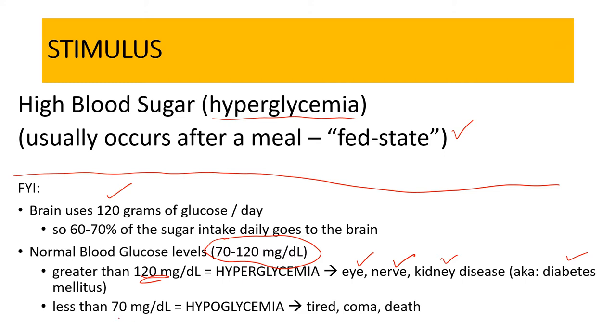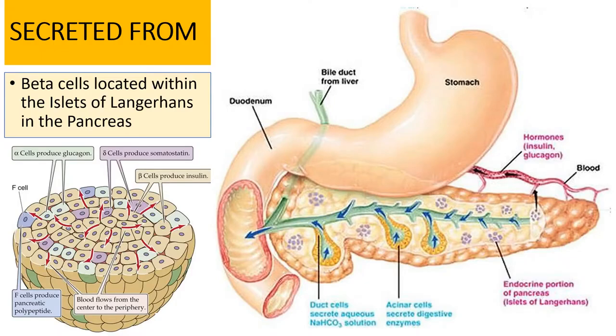Now, anything less than 70 is referred to as hypoglycemia, and things that would occur would be tiredness, coma, death. So not good when the sugar levels are out of the normal range and cannot be controlled by your normal hormones. So when sugar's too high, insulin is what's going to come in and try to get that back down to homeostasis.